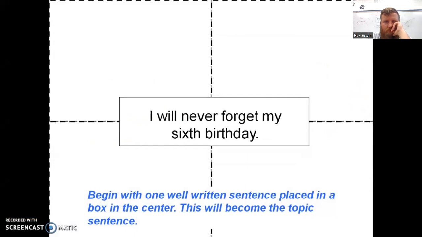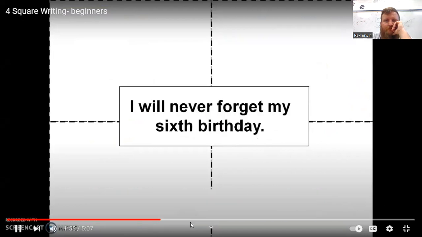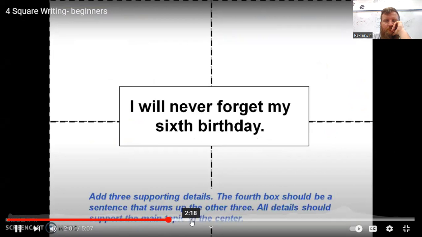Therefore, your sentence should be something that matches the task. I will never forget my 6th birthday. Go. After you have that sentence in the middle of your graphic organizer, your next job is to add 3 supporting details in the 3 boxes, and the 4th box should be a sentence that sums up.